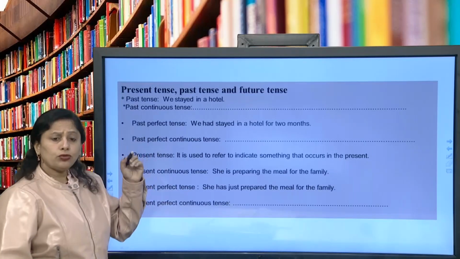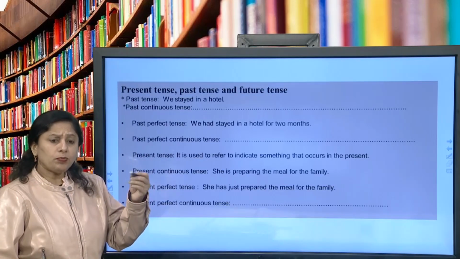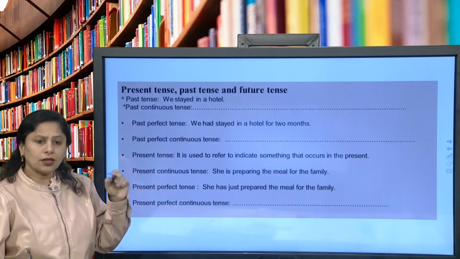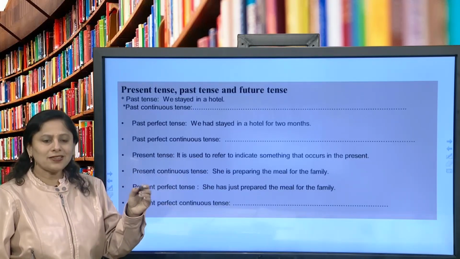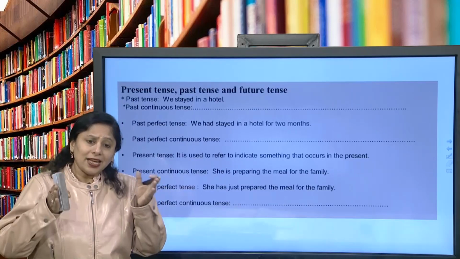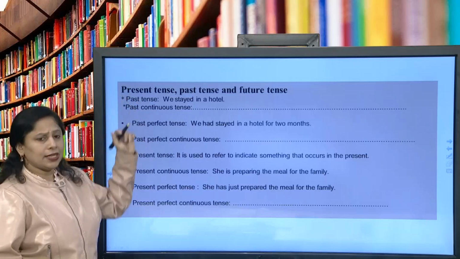Now we are going to focus on each tense, each part of the tense. For example, the present tense contains simple present tense, present continuous tense and present perfect tense. These three tenses are integral to the main tense, the present tense.